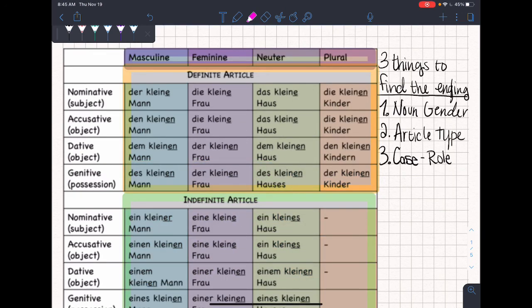And then the third and final piece, the case, is listed to the left of each table. So those are the three things that we need to find the ending of an adjective. Let's take a minute and look at an example.